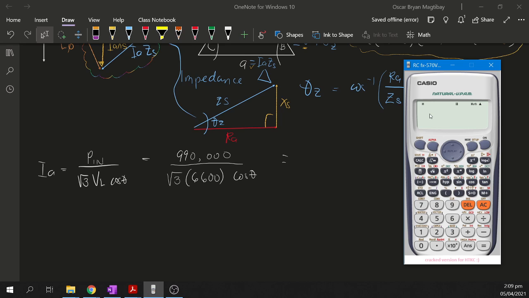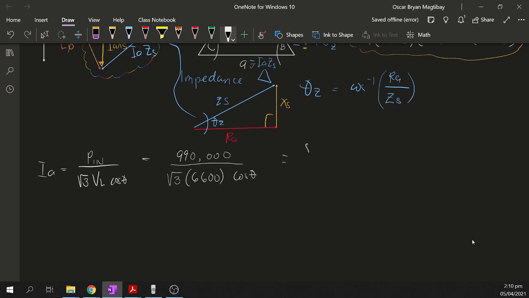So, 990,000 over square root of 3 times 6,600. Hanggang dun lang. So, this is 86.602 over cosine theta. So, yan si IA.